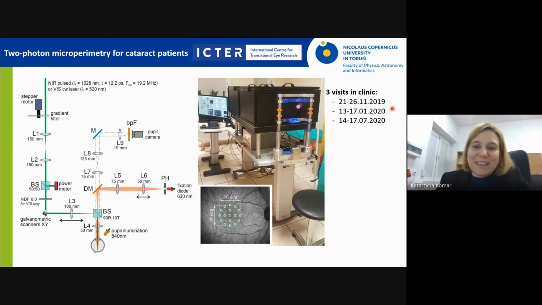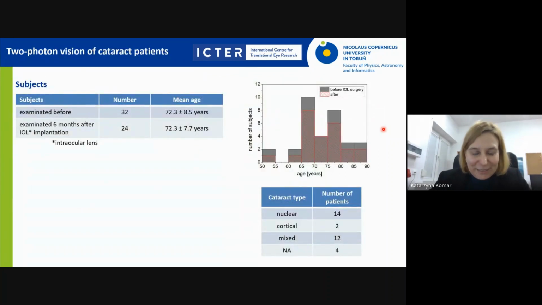So we had to wait for all operations to be performed, and for the eyes to heal. The second visit was just in the middle of the pandemic. But we managed to measure almost 30 people before and after.